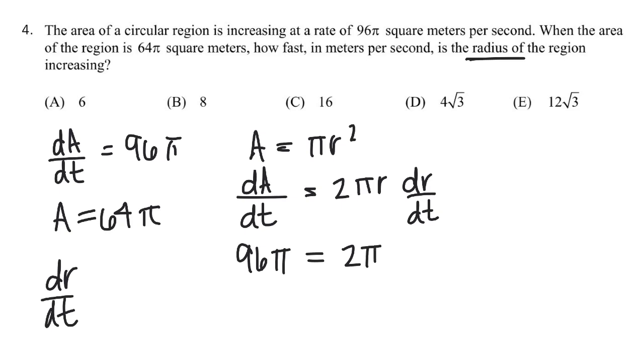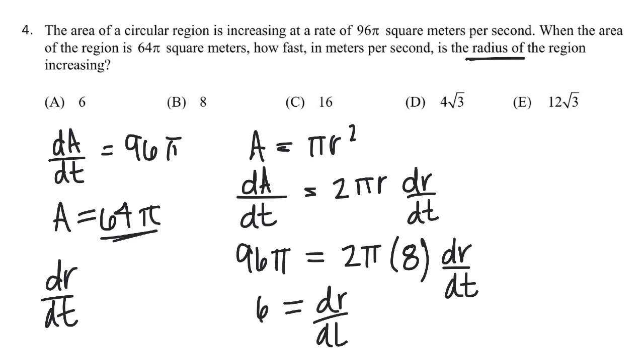We're not given the radius, but we are given the area is 64 pi, so the radius has to be 8. And then times the rate of change of the radius. So we end up with 96 pi divided by 16 pi, which gives 6 for our rate of change. So dr/dt is 6.